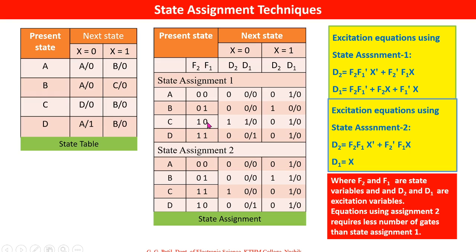F2 is 1, F1 is 0, so F1', and x is 1, so it is taken as F2 F1' x plus F2 F1 x. And after simplifying, the equation becomes D1 equals F2 F1' plus F2 x plus F1' x. So these are the equations for state assignment 1.